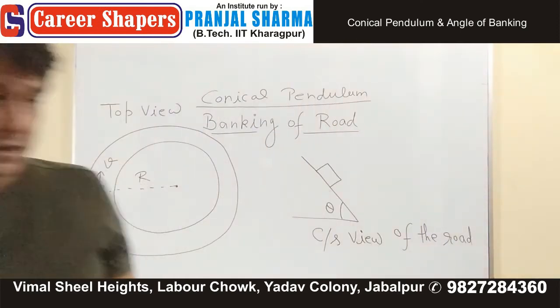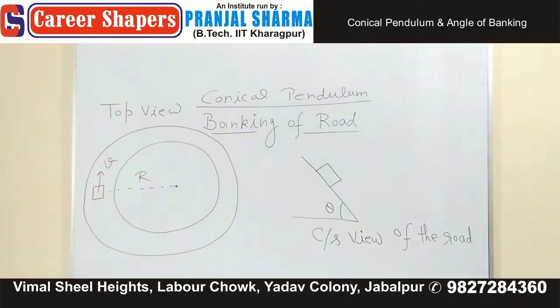I guess everybody has got the visualization. First tell me fast, do you get the visualization, yes or no? How I have shown the track, top view and cross sectional view. Do you understand both these views?